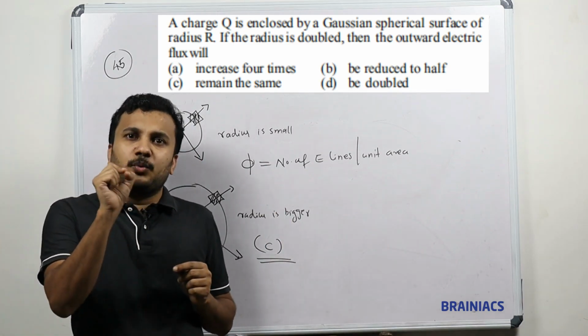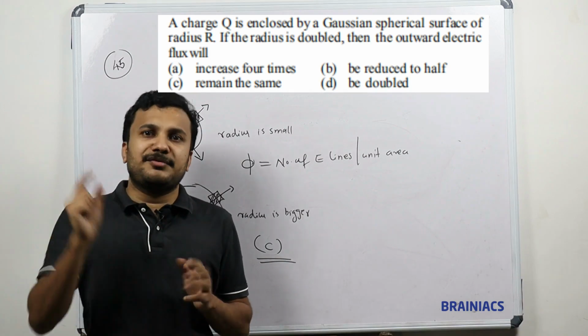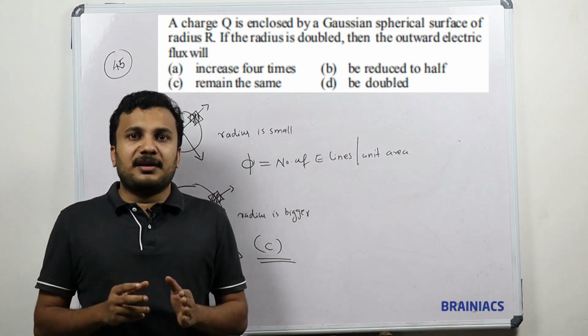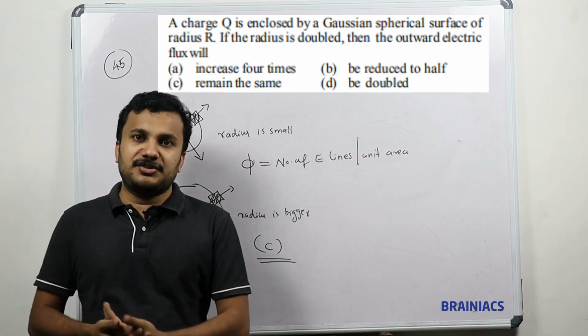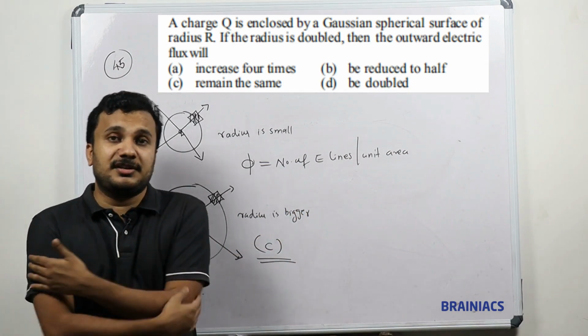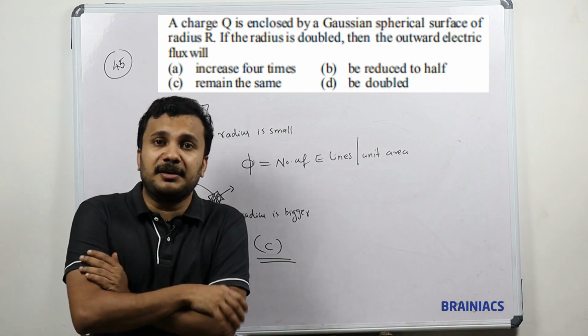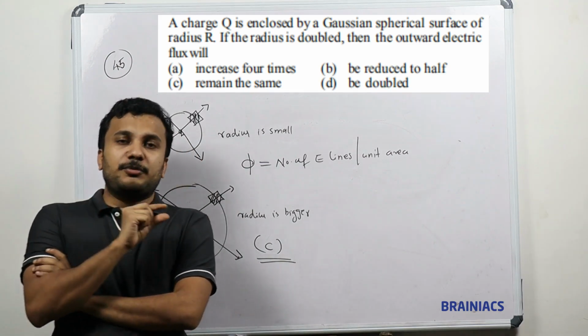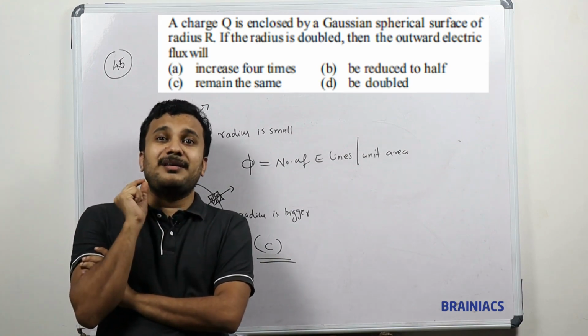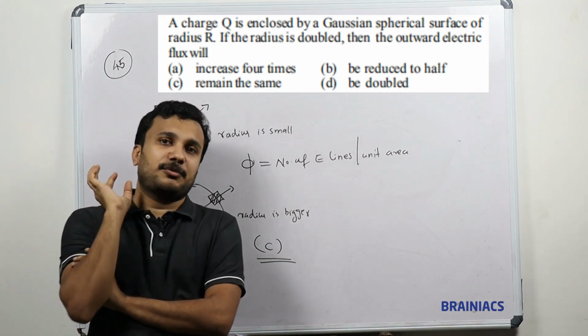Just write one line of statement and one formula. If you have completed the electric charge and electric field intensity chapter, a notebook of two to three pages will be there, written only with the major important formulas.